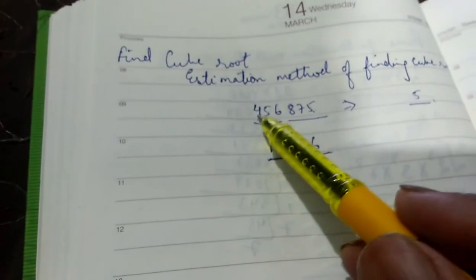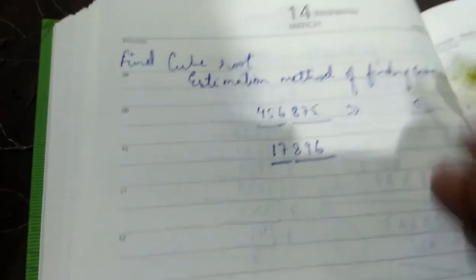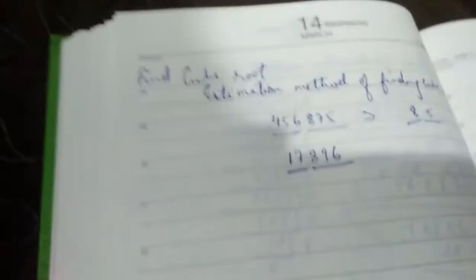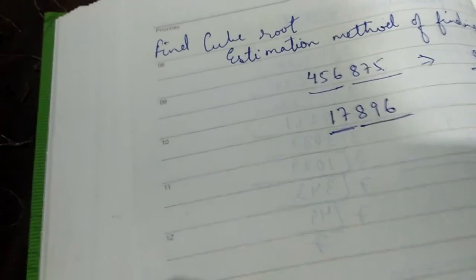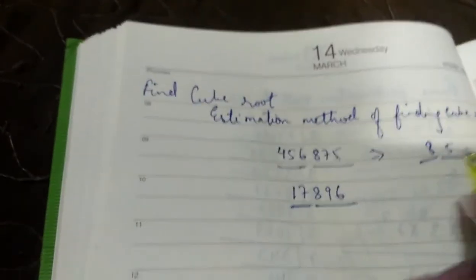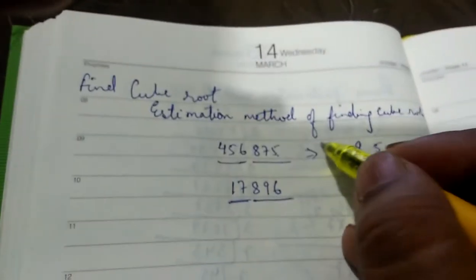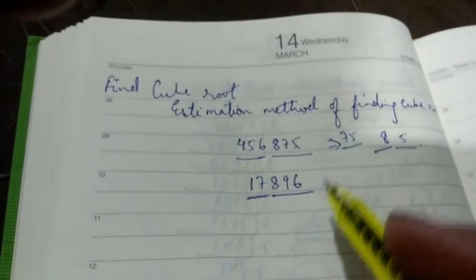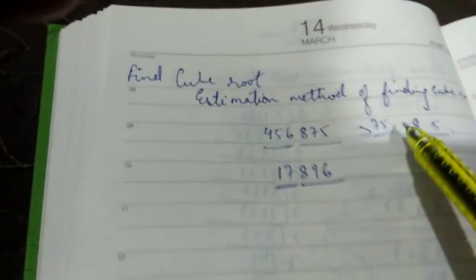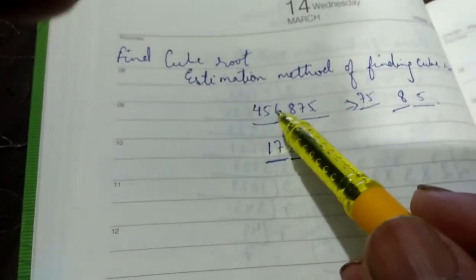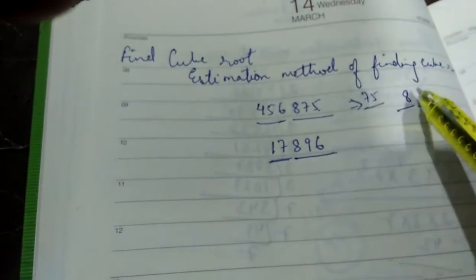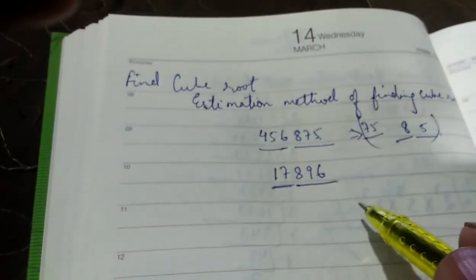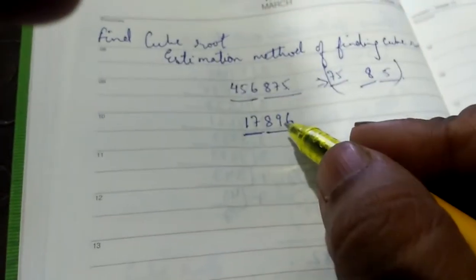So 456 is a little bit closer to 512 than 343. Because 456 lies somewhere between 7 cube and 8 cube, our answer will lie somewhere between 75 and 85.